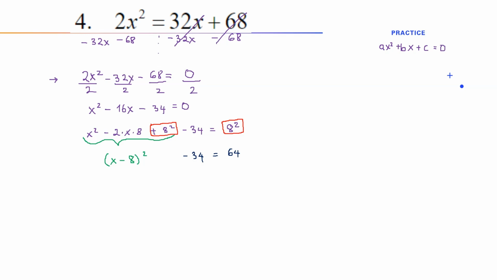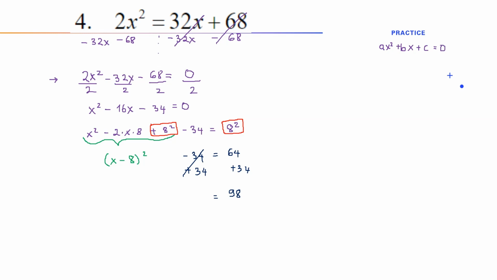Now we want to isolate the square of the binomial. We're adding 34 both sides. This side we have 64 plus 34, so 98.